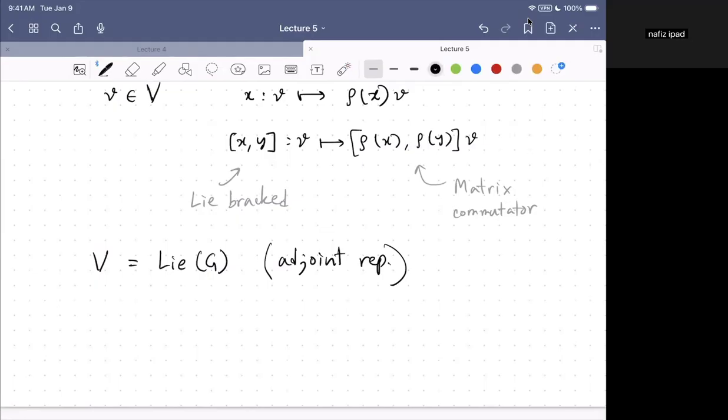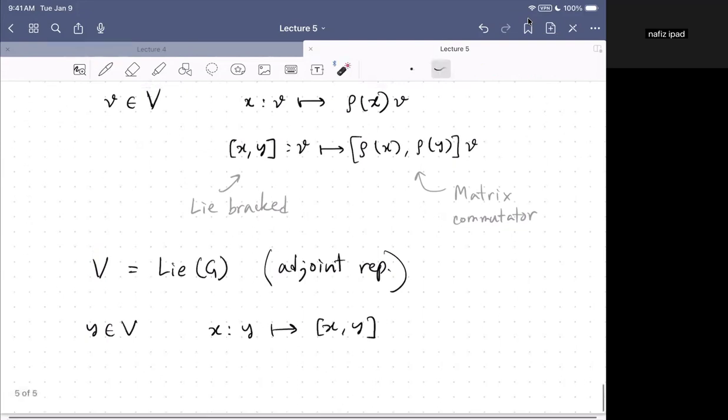But what is the action precisely? The action is simply given by the Lie bracket. So take any element y from V. Again, recall V is the same as the Lie algebra. And the action of x on y is nothing but the Lie bracket.